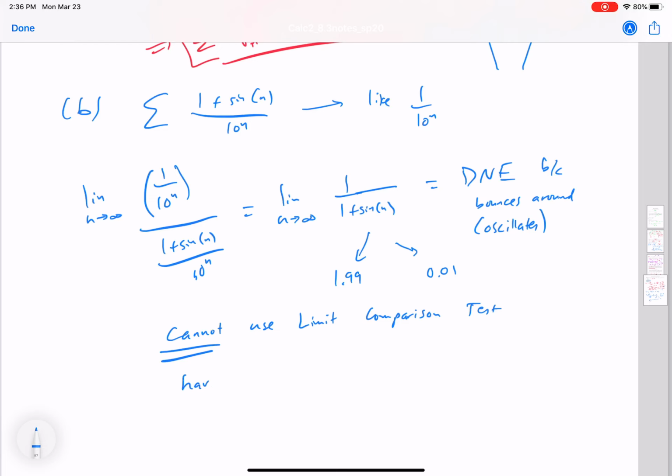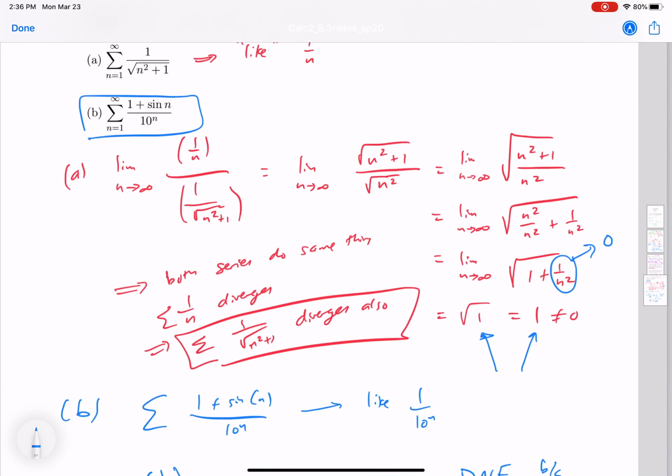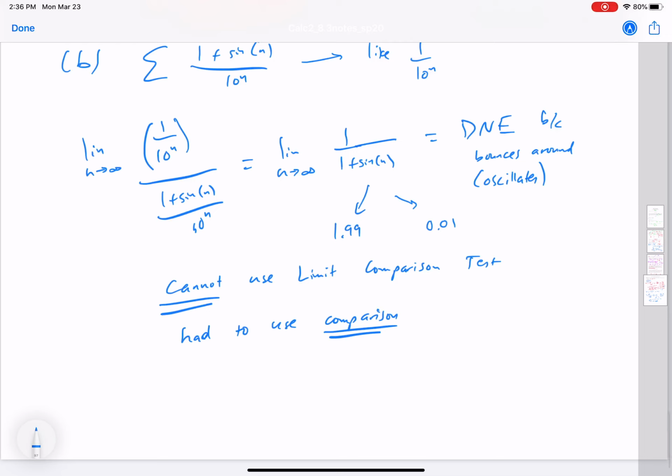So in this case, we had to use comparison like we did before. The limit comparison test won't work. I should mention as well, the limit comparison test will work if you have something, here we had an example where we compared it to something that diverged. You can also compare it to something that converges and get that to work sometimes as well. The end.